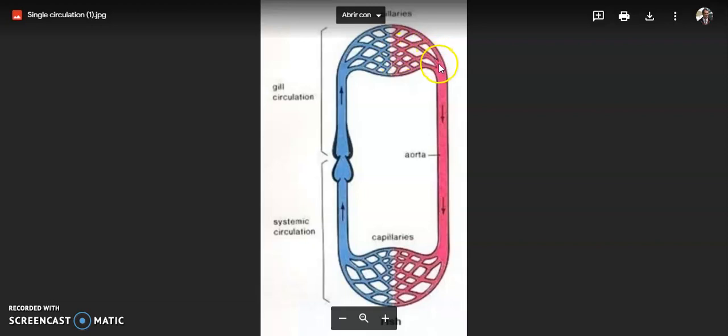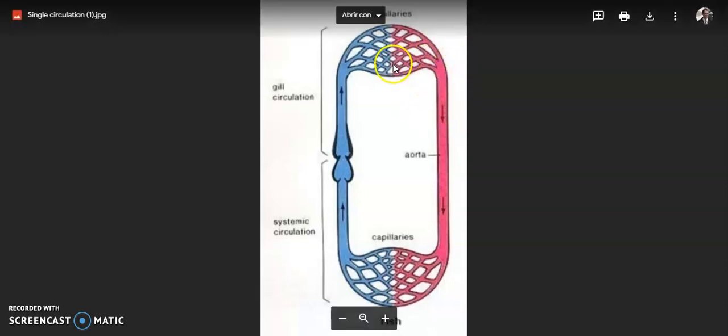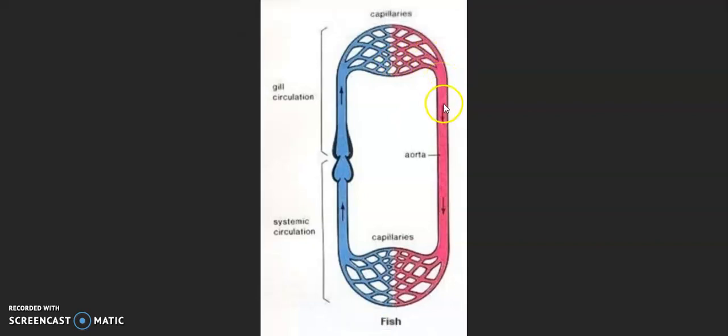So when the blood gets out of the gills, it has plenty of oxygen but quite a low pressure. Now it will circulate through all the body of the fish, through the muscles, the liver, the digestive system, reproductive system, the nervous system, etc., with plenty of oxygen but very low pressure.